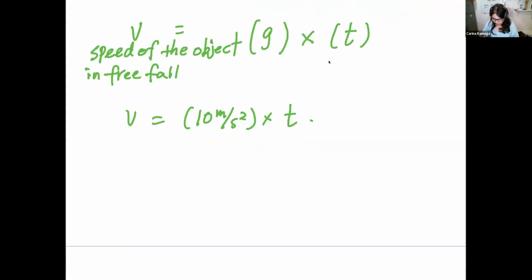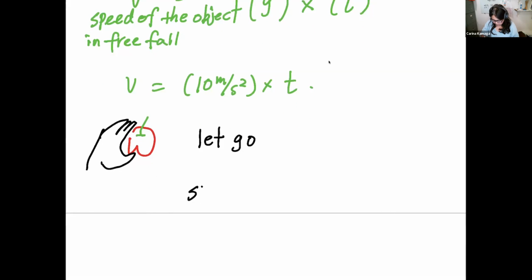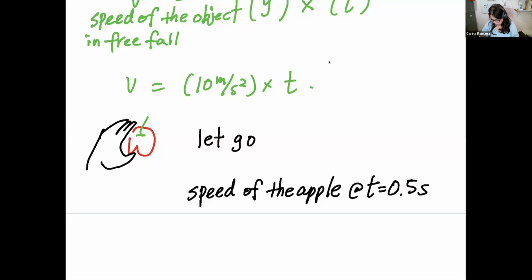So let's see, I'm holding an apple, let's say. If I let go, what is the speed of the apple after 0.5 seconds later?